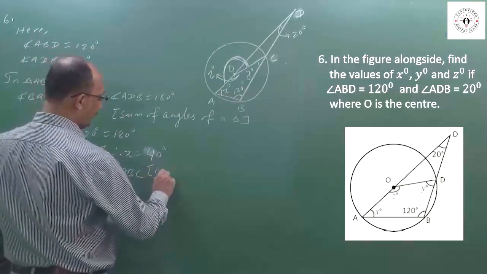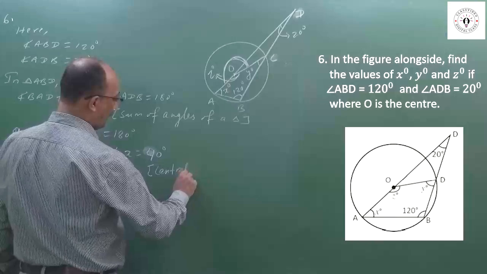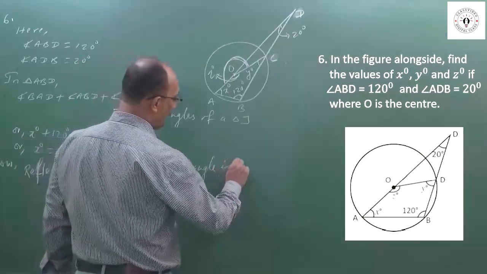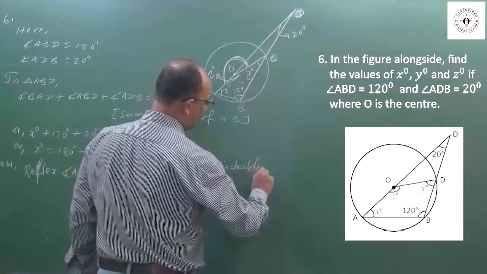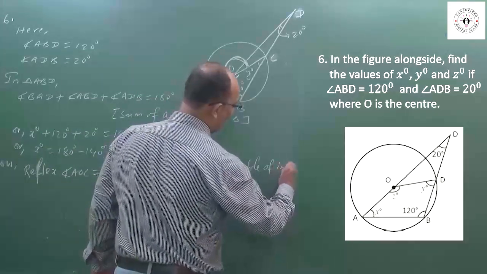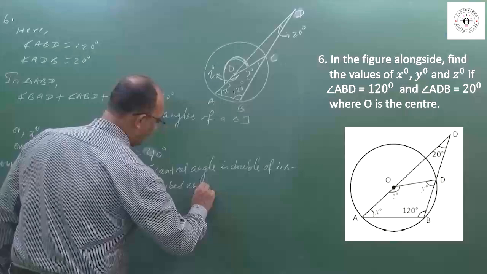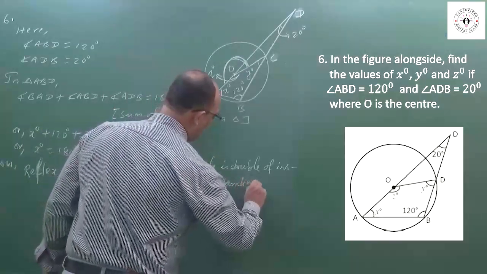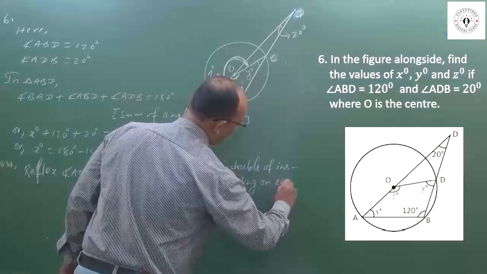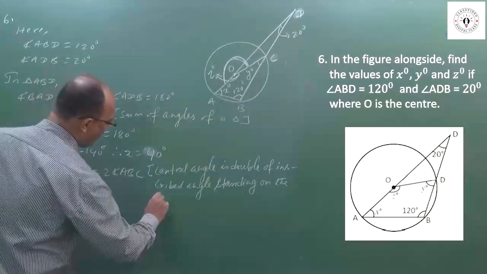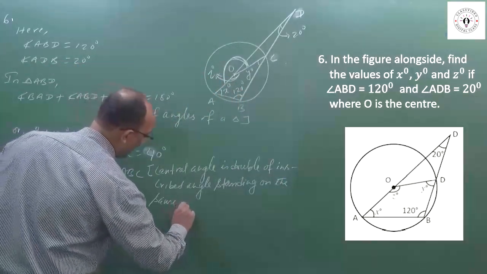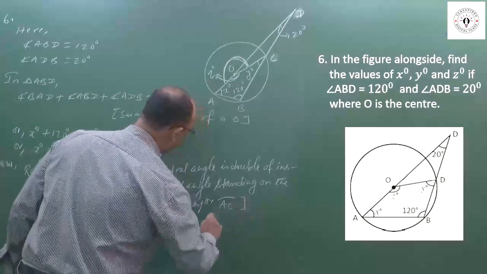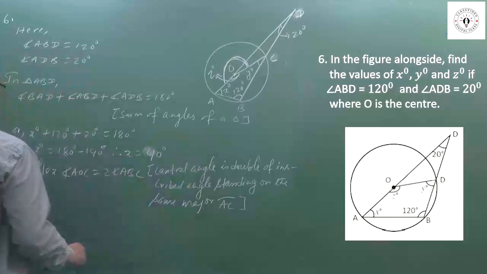Reason: the central angle is double the inscribed angle standing on the same major arc AC.